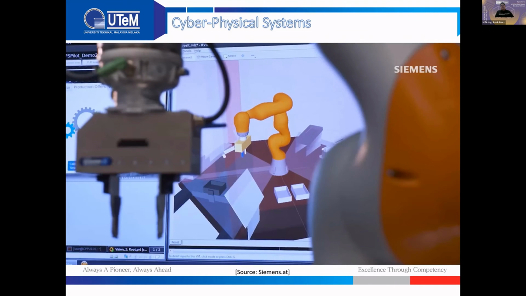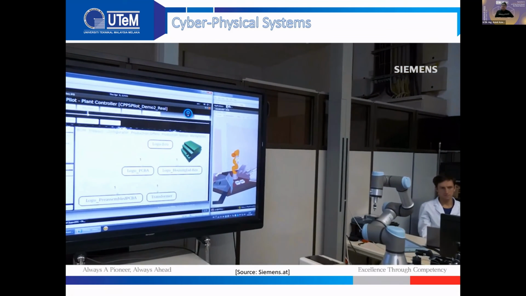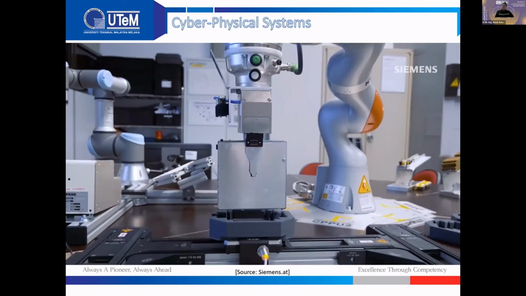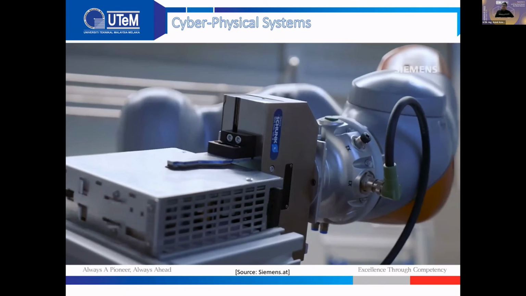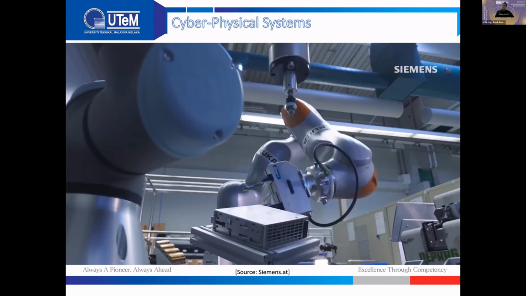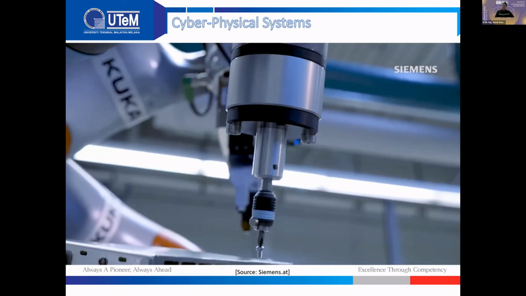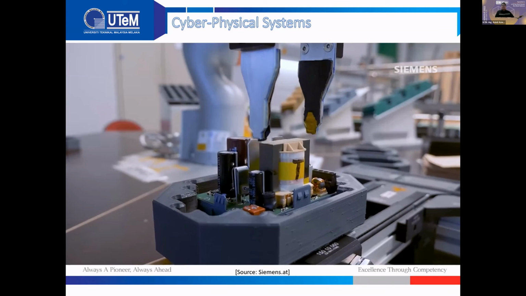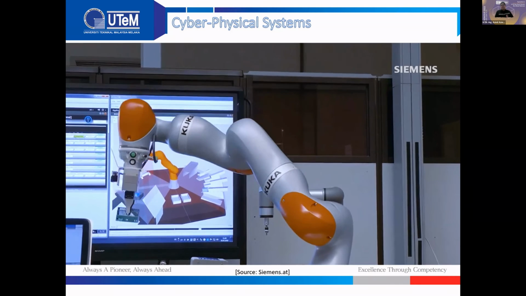The machine gets the knowledge of how the product shall be made directly from the digital twin. Based on the information about how the parts are to be assembled, the system dynamically calculates all necessary steps and carries out the production autonomously. This means that the product steers its own production. This is an important feature of Industry 4.0 solutions. Siemens enhances the skills of the machines through machine learning, intelligent sensors, and speech recognition.